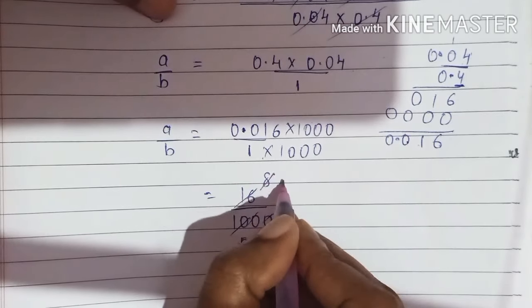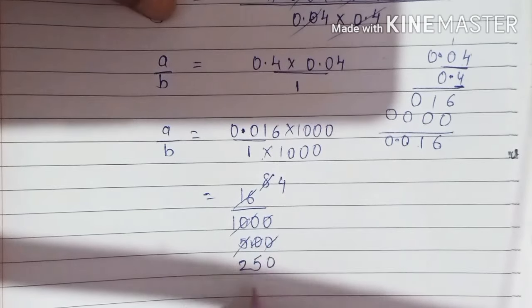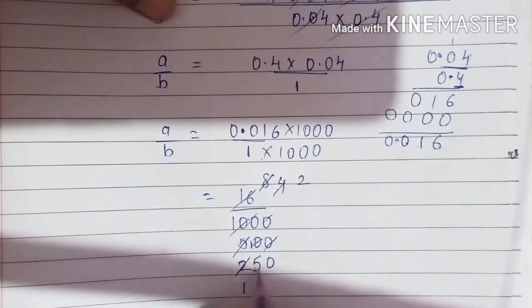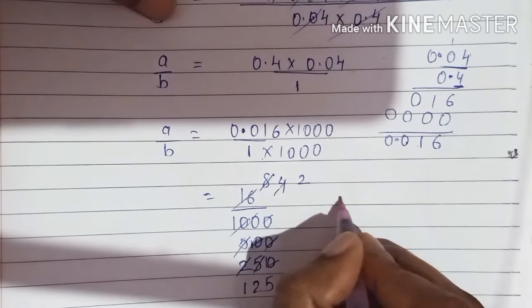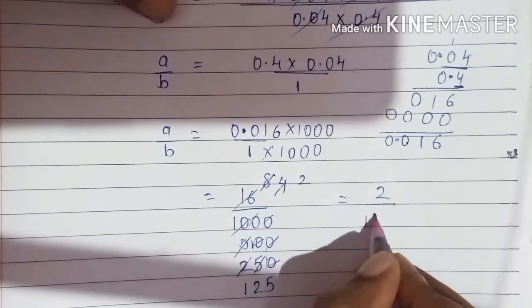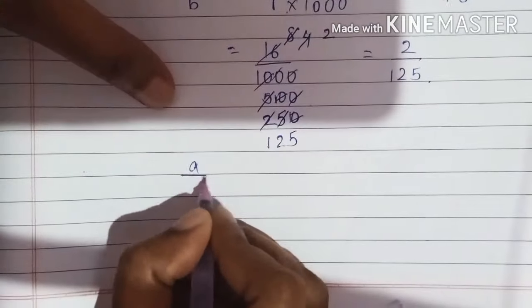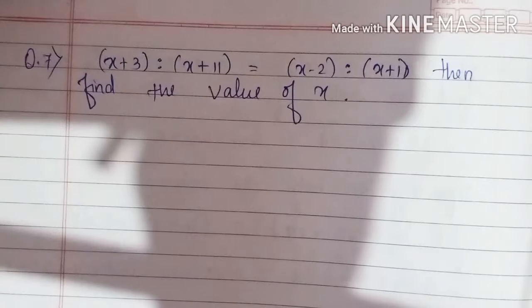Then again 2 4s are 8, 2 2s are 4, 1 will be left, 2 5s are 10, 0. Again 2 2s are 4, 2 1s are 2, 2 2s are 4, 1 will be left, 2 5s are 10. The final answer will be 2 upon 125. So the ratio of A upon B is equal to 2 upon 125.